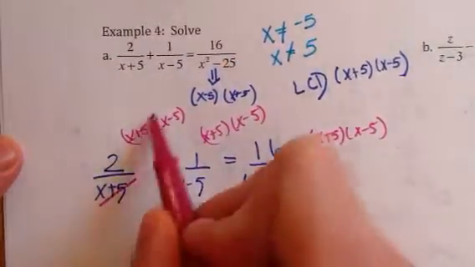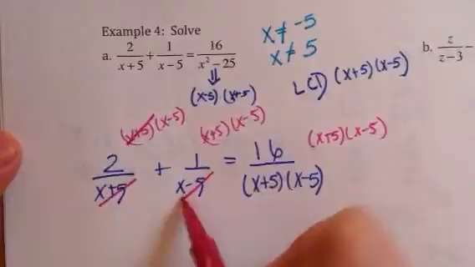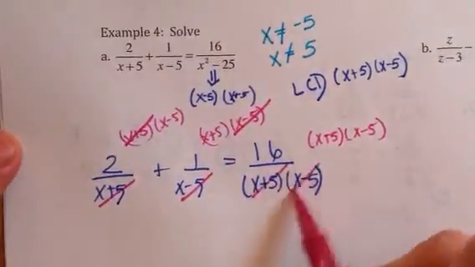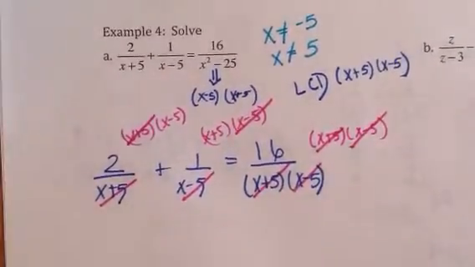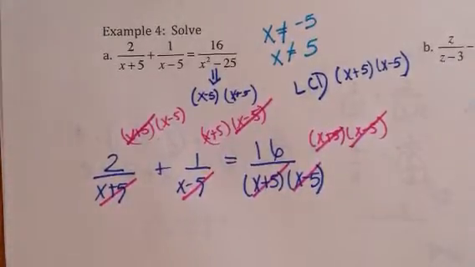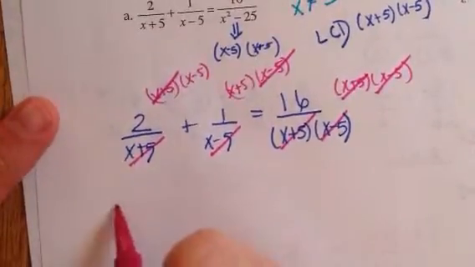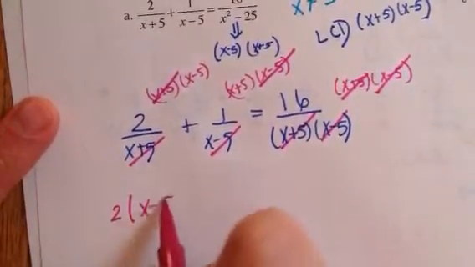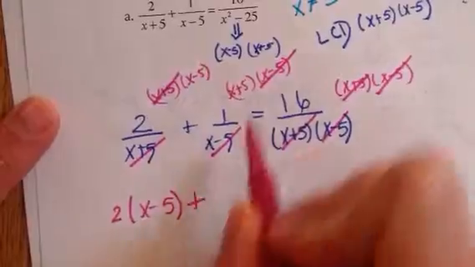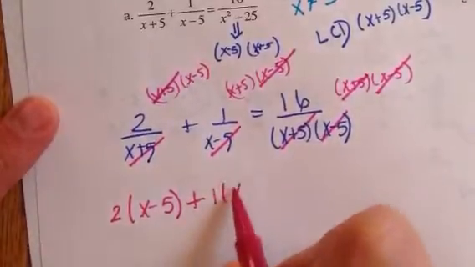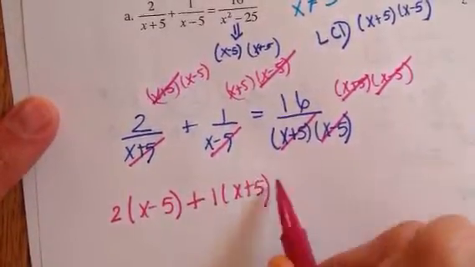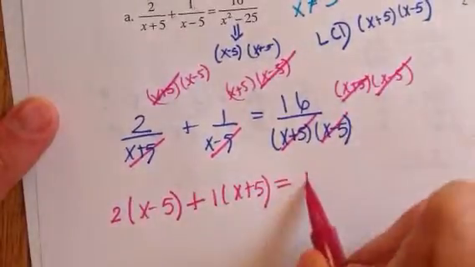So my x plus 5s cancel out, my x minus 5s cancel out, and everything cancels out. Again, we should eliminate everything in our denominator when we're going to solve rational equations. So this term, I'm left with 2 times x minus 5 plus, in this term, 1 times x plus 5 equaling, everything cancels out, I'm left with a 16.